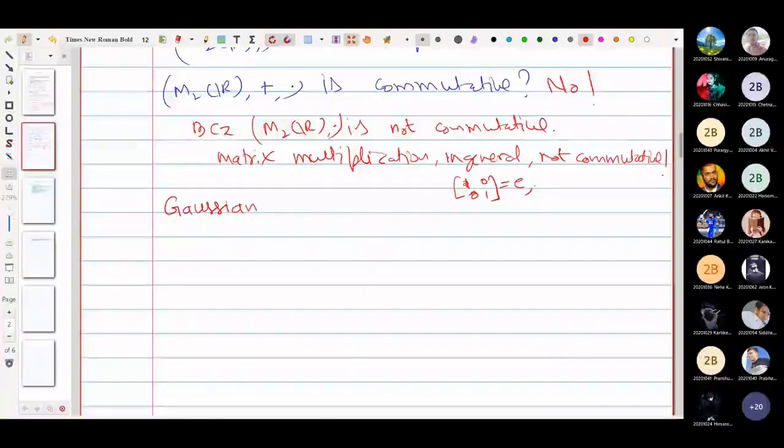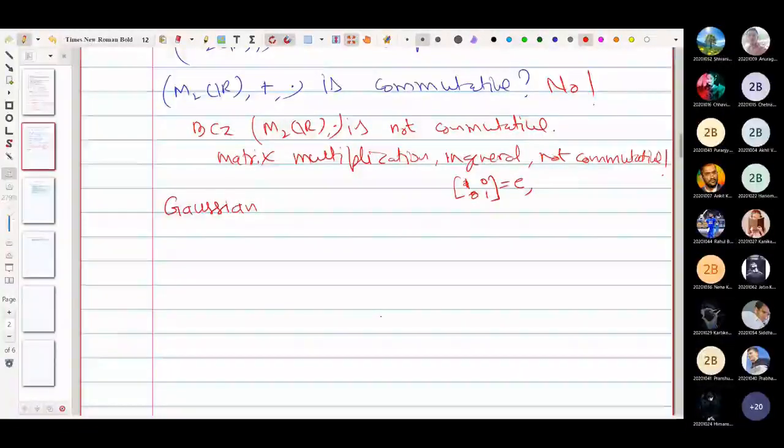And all non-singular matrices in M2R are going to have their inverse. So all non-singular matrices in M2R are going to be units.